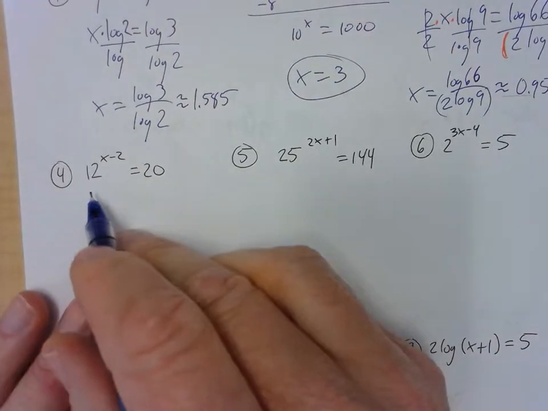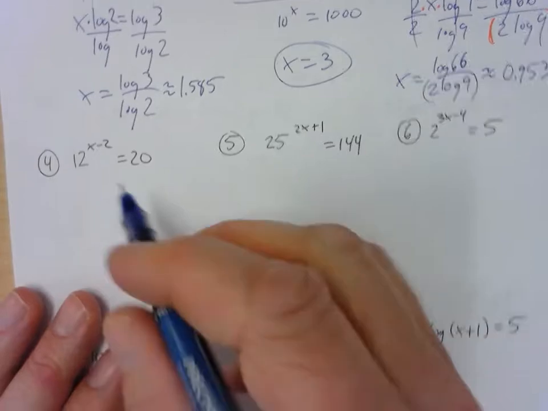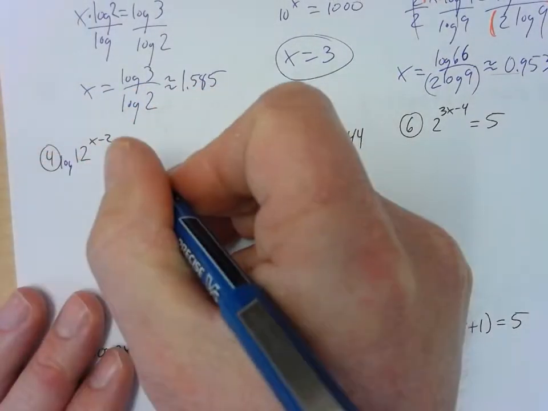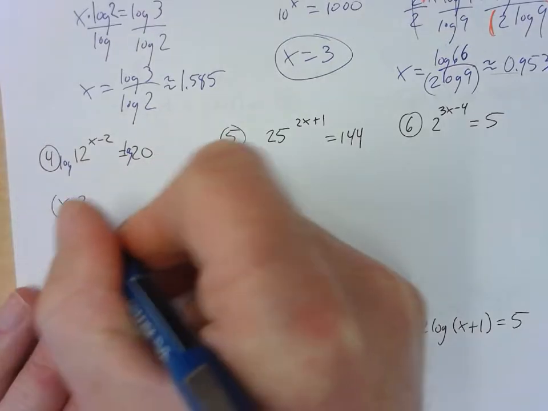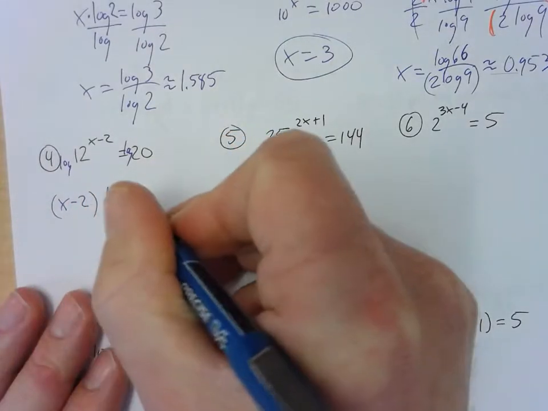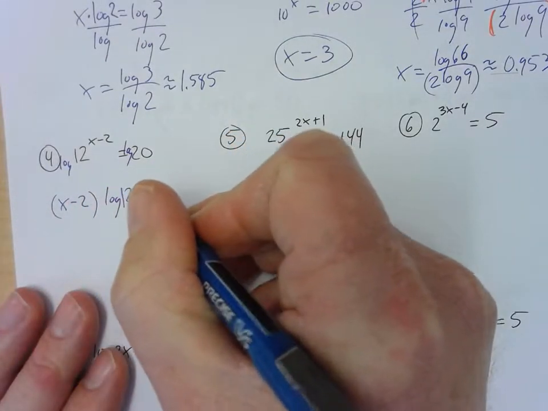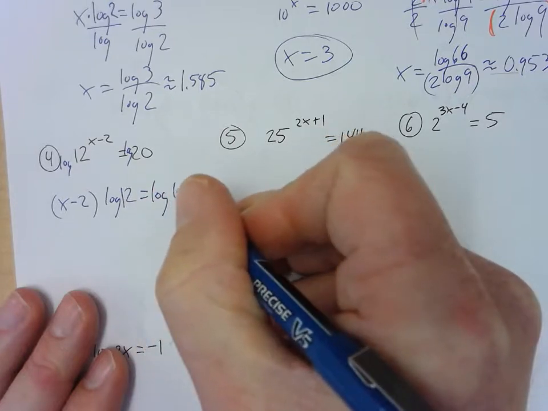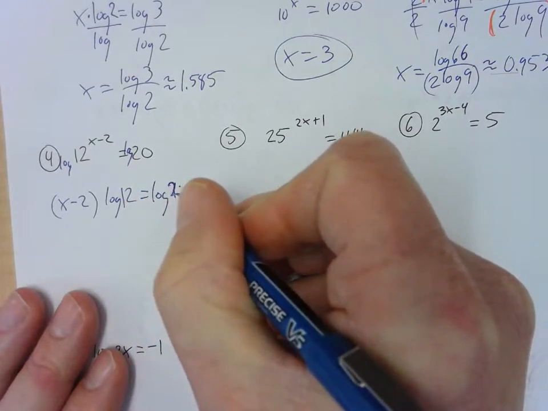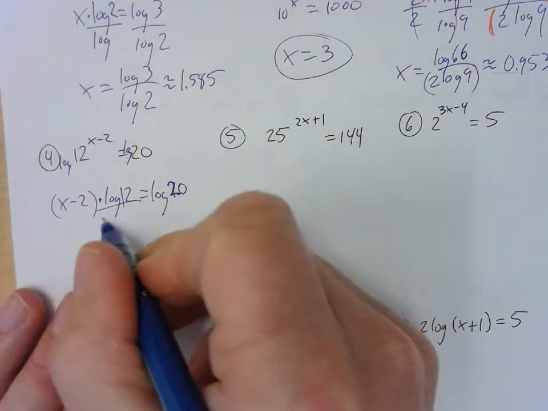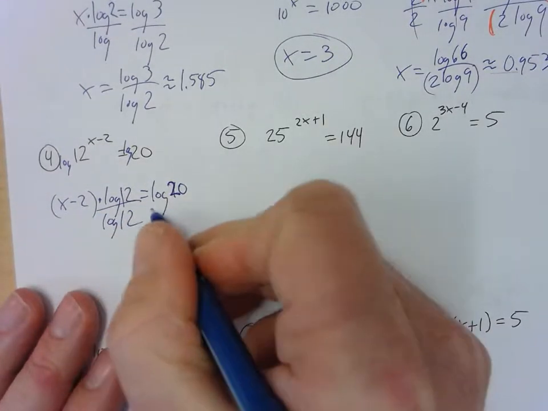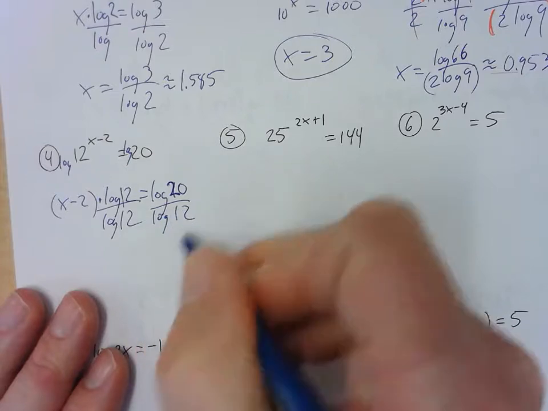Alright, the next problem, we're ready to just go ahead and take the log of each side. I can't move anything around algebraically first. So I get x minus 2, that's one exponent, times log 12 is equal to log of 20. There's multiplication right there, so I'm going to divide the log over, always doing the opposite to solve my equation.